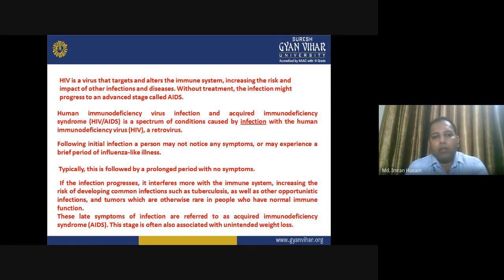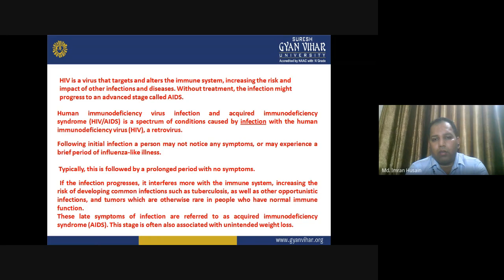So HIV is a virus that targets and alters the immune system. Its main function is to alter your immune system, increasing the risk and impact of other infections and diseases. Without treatment, the infection might progress to an advanced stage called AIDS. So, you must understand HIV/AIDS is not one thing.